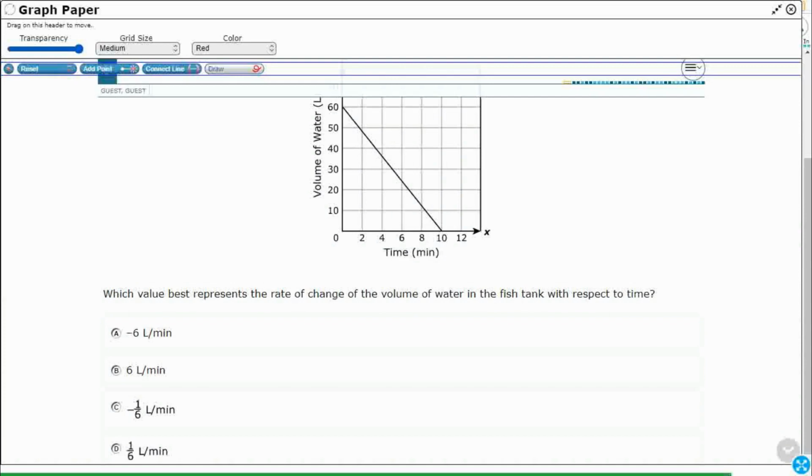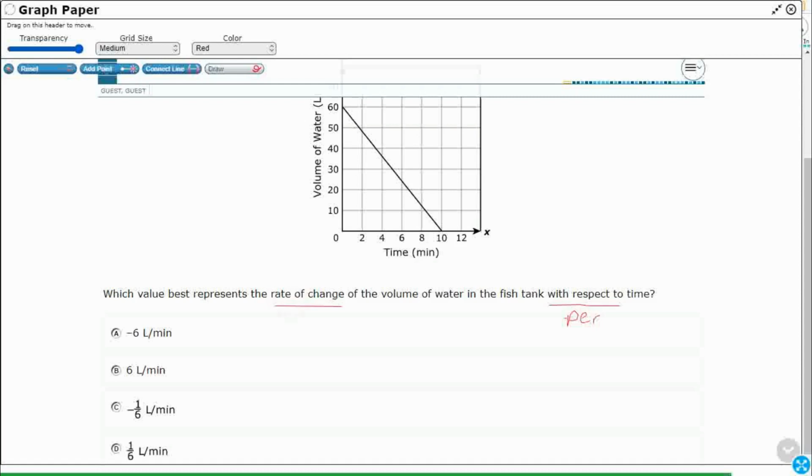So which value best represents the rate of change? Okay, we're looking for the rate of change of the volume of water in the fish tank with respect to time. Those two words are going to give me a clue as to what we're looking for. With respect to is just another way of saying per. So I'm looking for the volume of water in the fish tank per time.